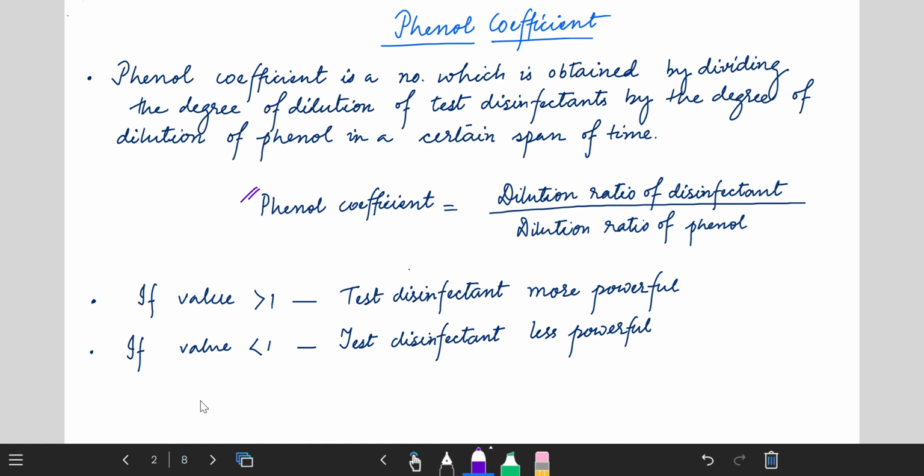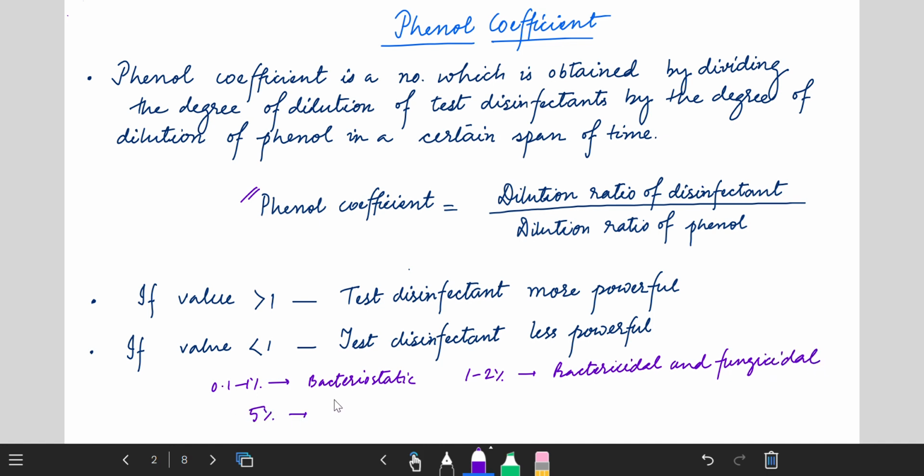It is considered that 0.1 to 1% phenol concentration solution shows bacteriostatic property, 1 to 2% concentration shows bactericidal and fungicidal property, and 5% concentration can kill anthrax spores within 48 hours.